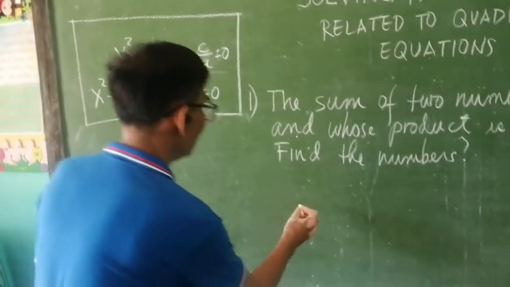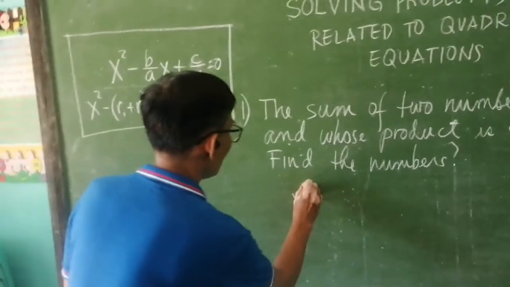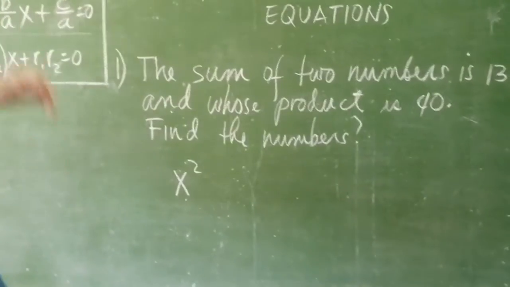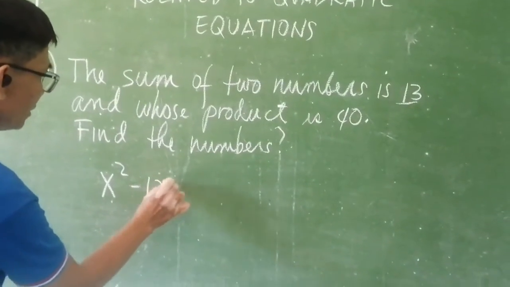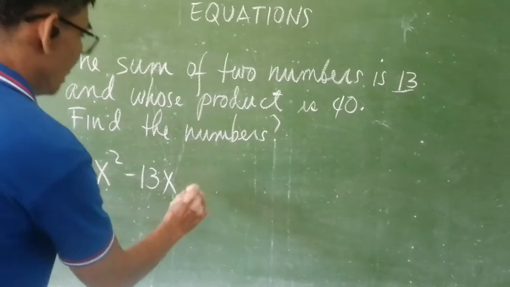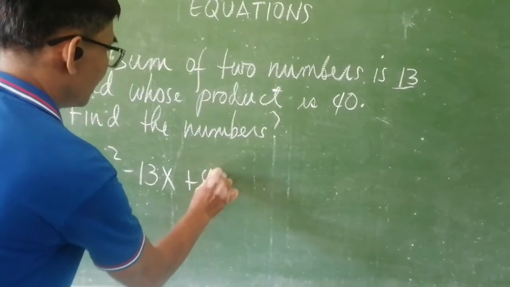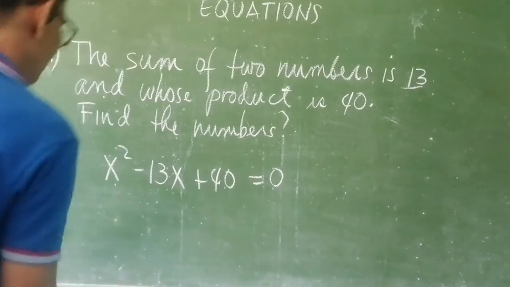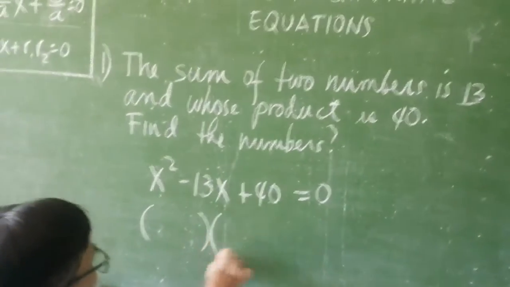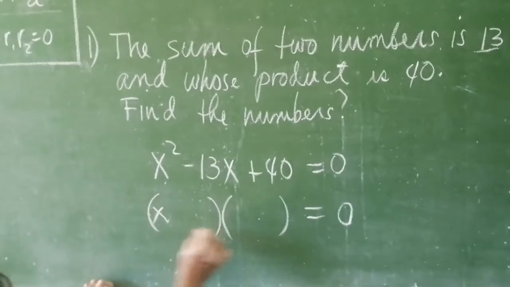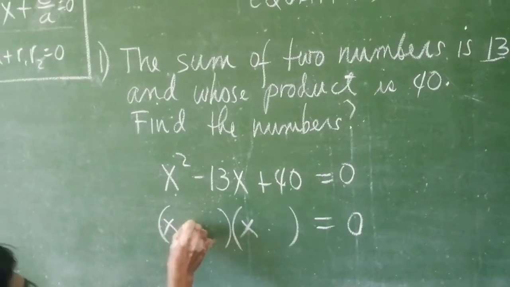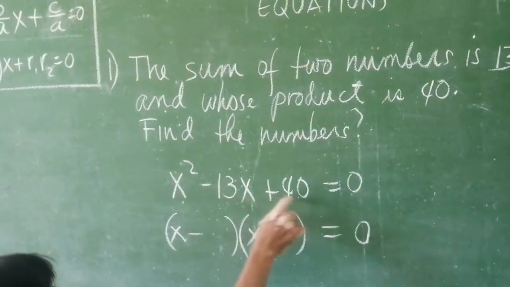So paano? Dito yan. So x squared, the sum is 13, so that will be minus 13x, and the product is 40, equate that to 0. And we're going to factor this equation. So x here, minus, minus, minus, plus.